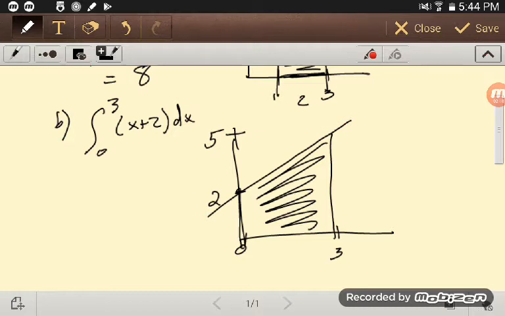And so this is a trapezoid. And you may or may not know the formula for a trapezoid. If you didn't know the formula for a trapezoid, well, you can kind of get there by, I've got a rectangle here and a triangle. But for a trapezoid, it is just the average height here.